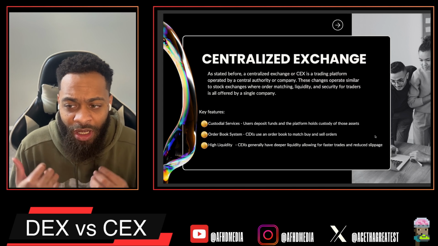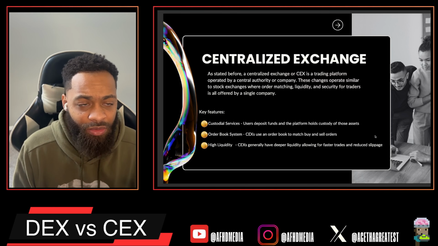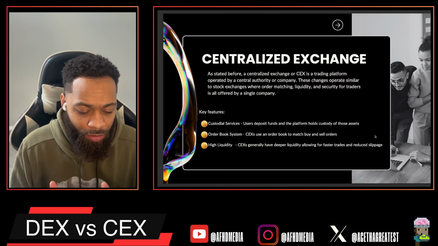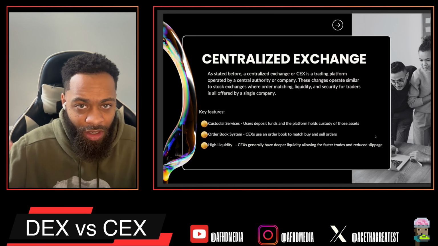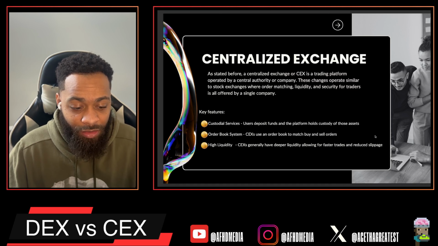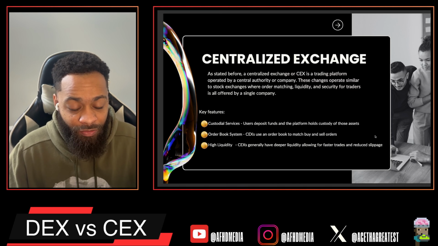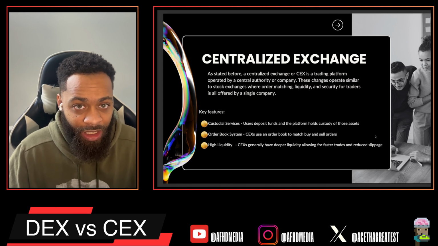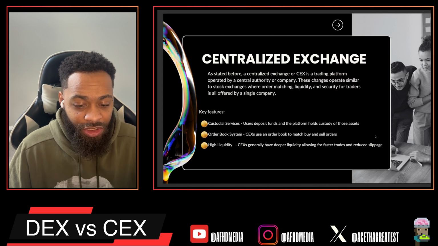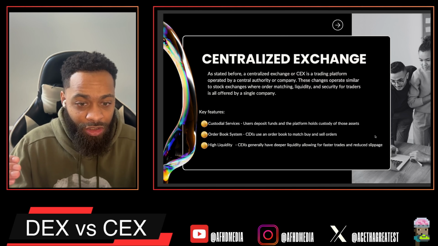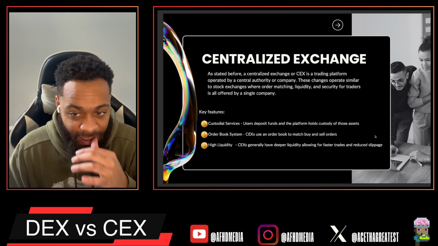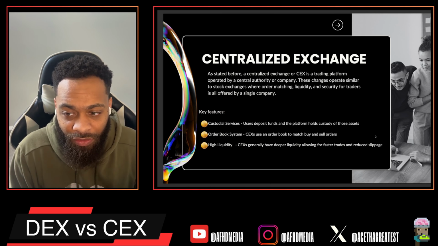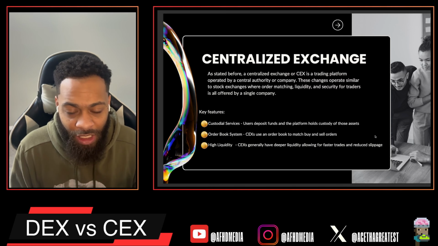They utilize an order book system. So CEXs use an order book to match buy and sell orders. So there's essentially, imagine like a book where one side has sales, the other side has buys. And based on the volume for either side, or the demand on either side, the exchange matches trades based off of that, right? Allowing people to buy and sell as they see fit on that platform. And then, of course, high liquidity.